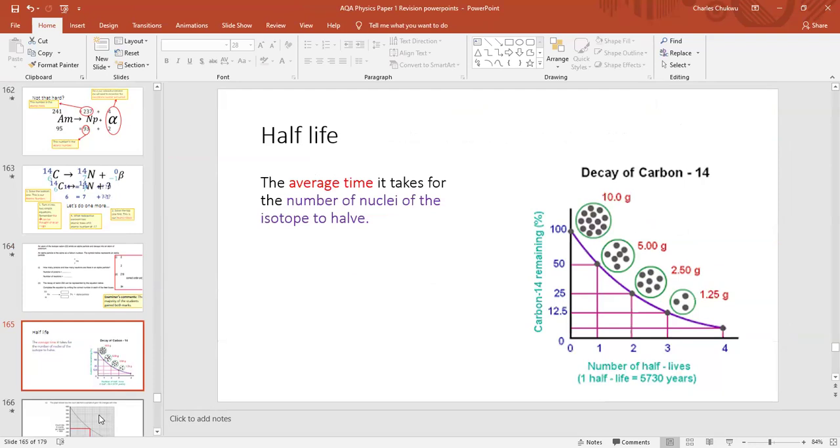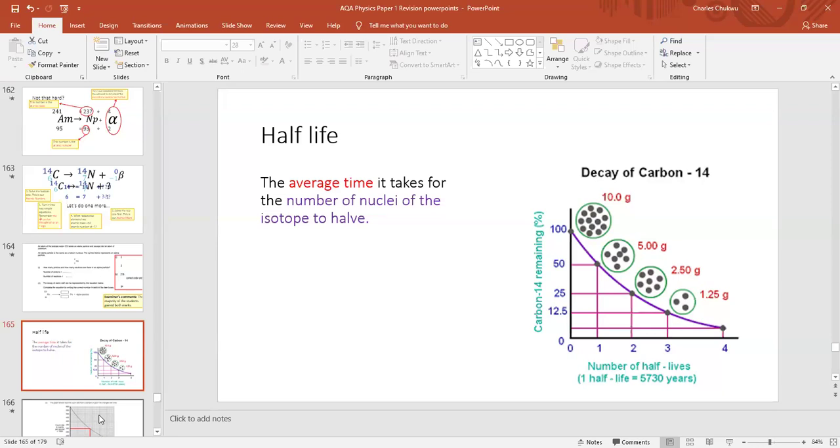Okay, so I hope this will not trip us up, but half-life has to do with a slightly different concept from decay.